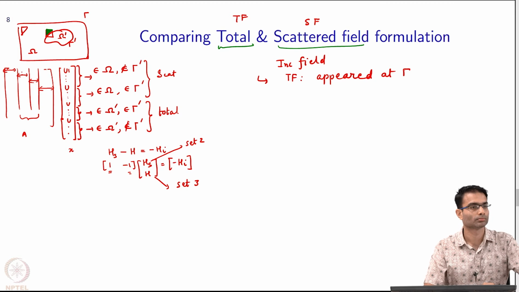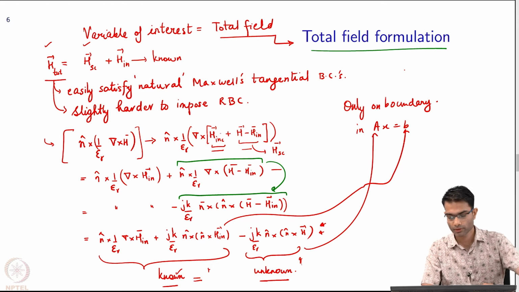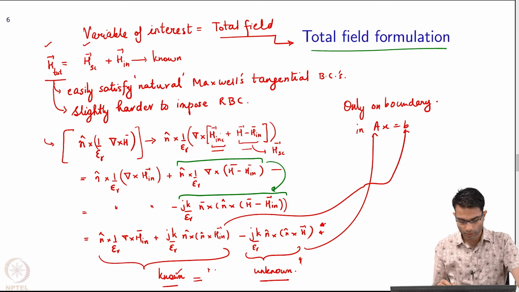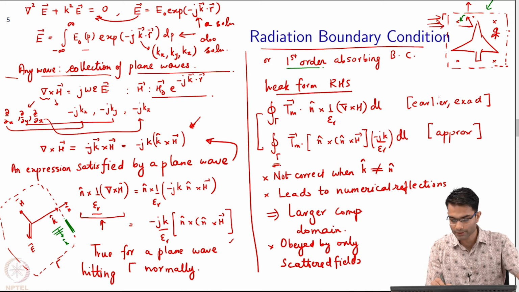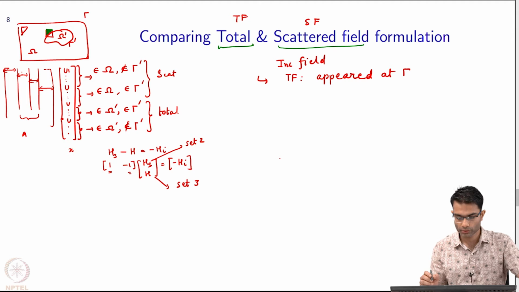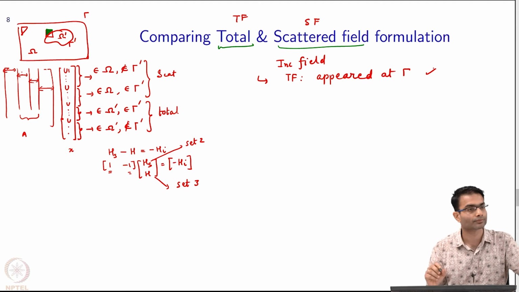If you look back here, this total field formulation, all of this happened on gamma itself, the outermost boundary, right. So, the total field appeared at gamma.